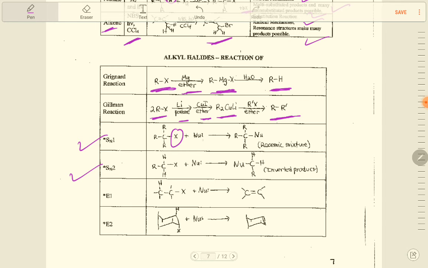So instead of X, how you add a nucleophile here, you need to explain those mechanisms. This one gives a racemic mixture, this one gives an inverted product, this one is a tertiary carbon, this one is a primary carbon, and we learned that in organic chemistry 1. Elimination E1 and E2.